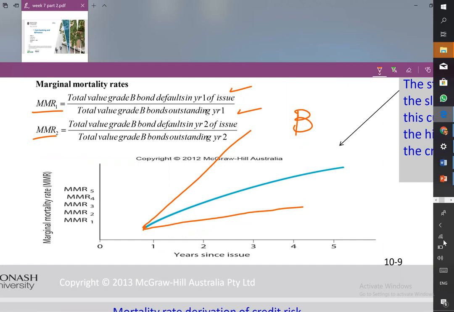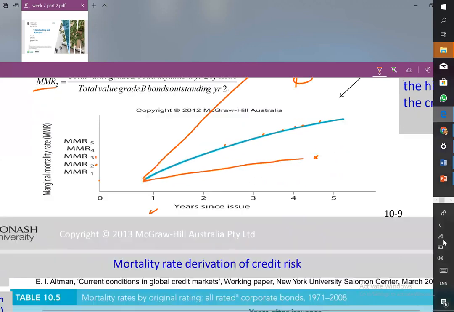So this is telling me that the number of bonds that defaulted in year one in this class was this number here, and in year two it goes up a little bit, which is very logical. Defaulting is related to maturities, and it goes like this. So I told you if this line is steeper, that means the credit risk is higher. If it is less steep, like this line, then the risk is less.